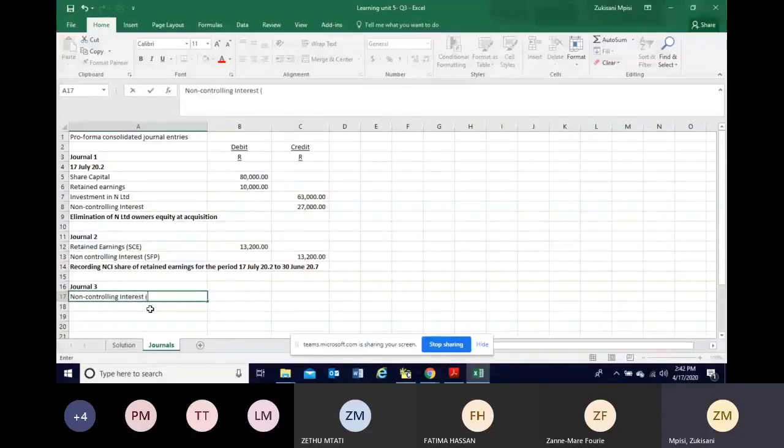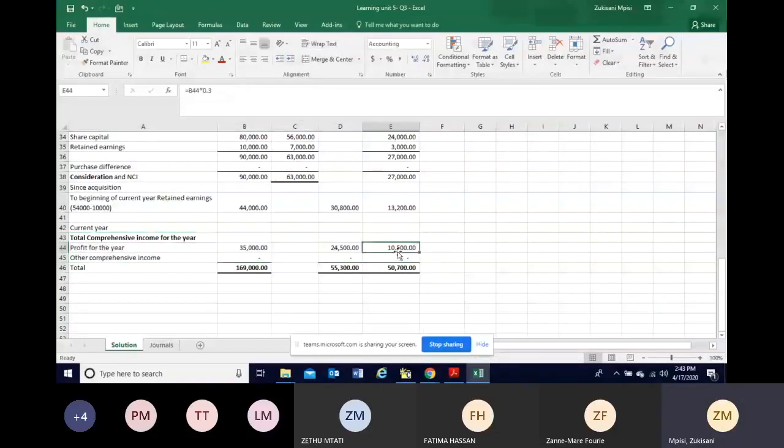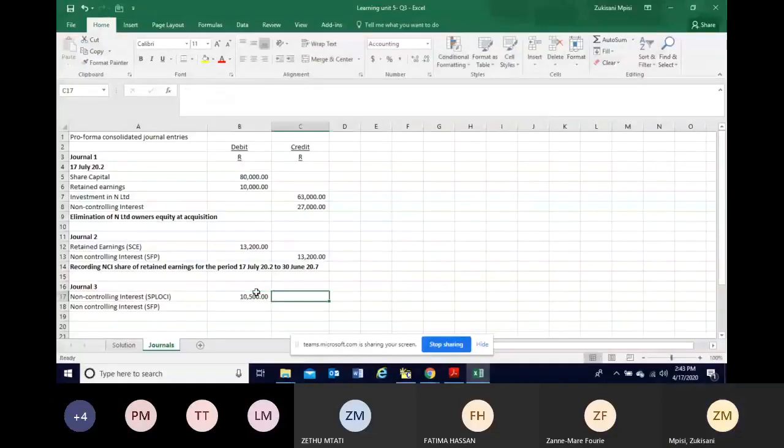This is coming from the statement of profit or loss and other comprehensive income, and then we are growing non-controlling interest in the statement of financial position. And how much is it? It's 10,500.